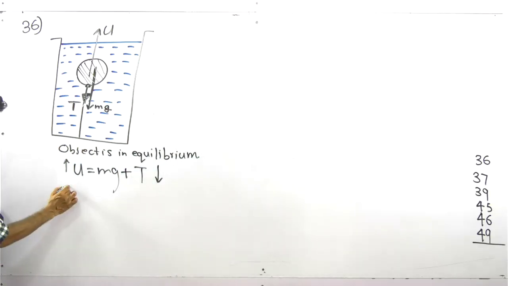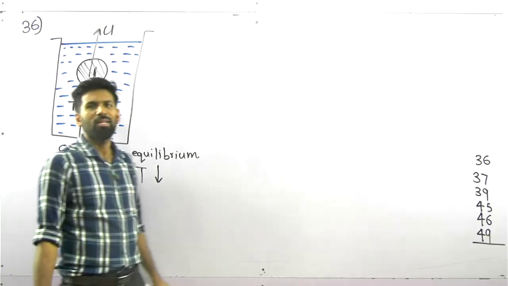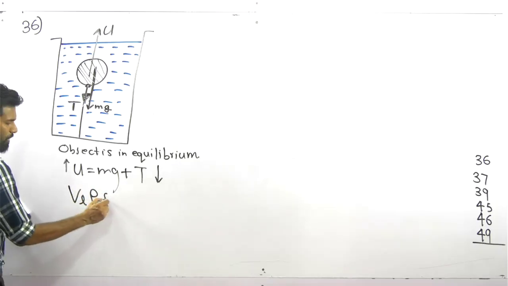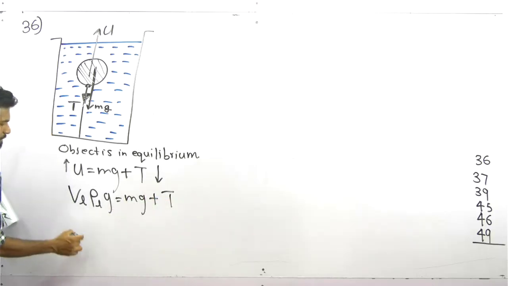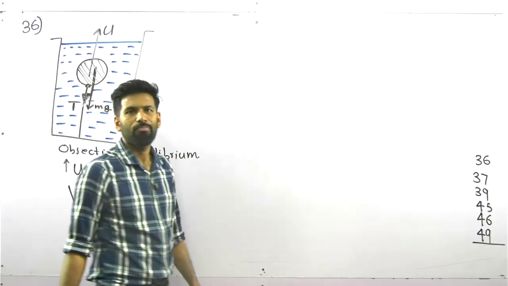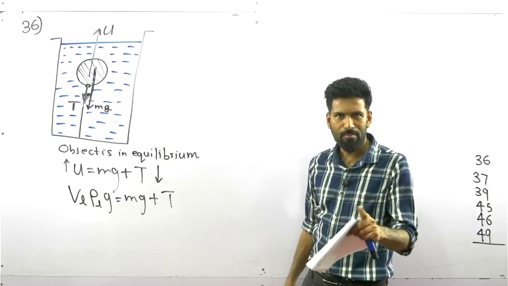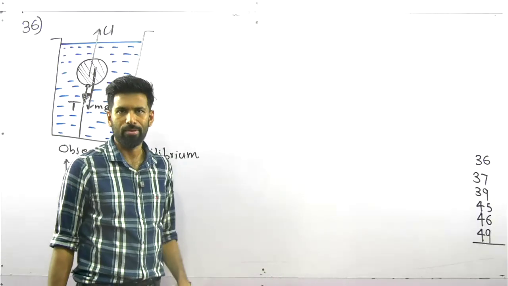What is the upthrust? The volume of the object that is inside the liquid, times the density of the liquid, times g, is equal to mg plus T. What is the volume of the object that is inside the liquid? It's the same as the total volume, because the total volume of the object is inside the liquid.